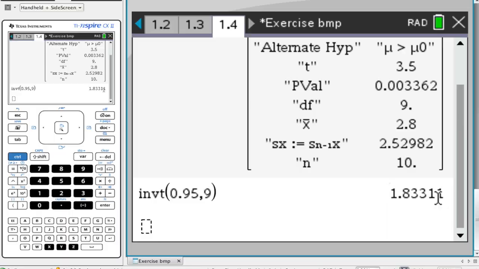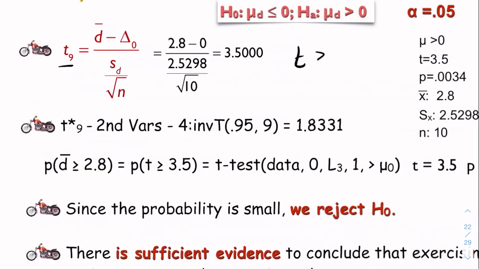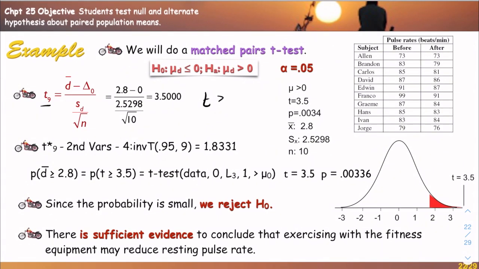So what our p-value is saying is, what is the probability that the average in our sample is greater than or equal to 2.8, or what is the probability that our t-score is greater than or equal to 3.5. And when we do that, we get a p-value of 0.00336.